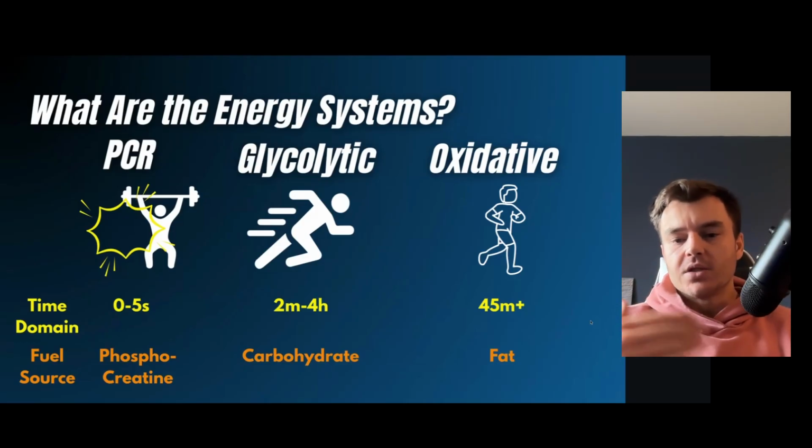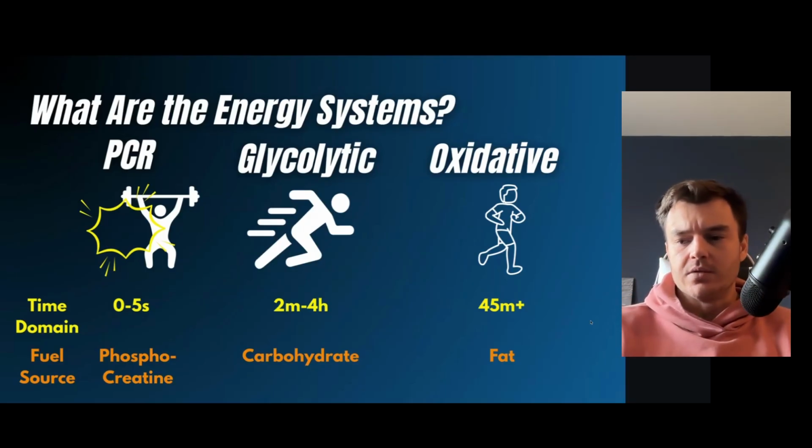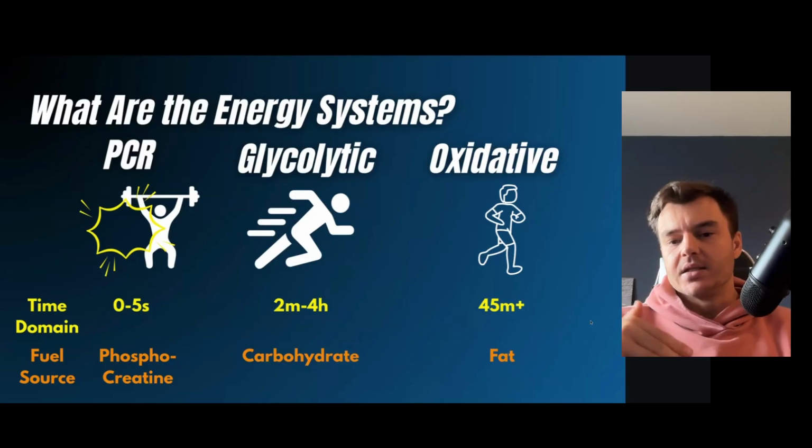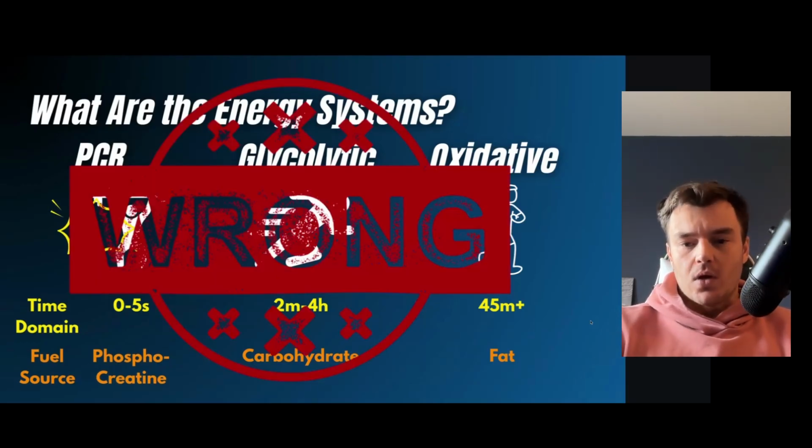You're using the fuel source as phosphocreatine. If it's anywhere from 2 minutes to 4 hours, I think CrossFit will keep that a little bit shorter. They're like, if it's between 2 and 6 minutes, it's glycolytic and you're using carbohydrates. And then anything past that duration, you're using fats. But that is wrong. That is not necessarily how things work.